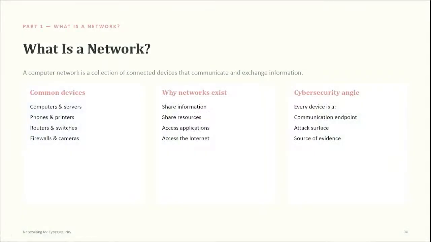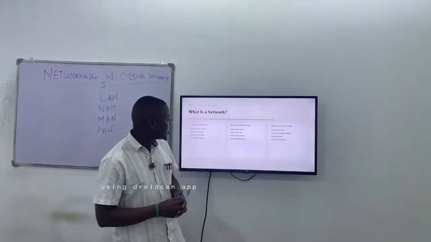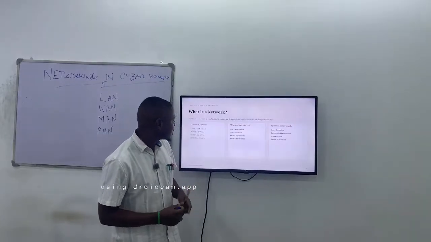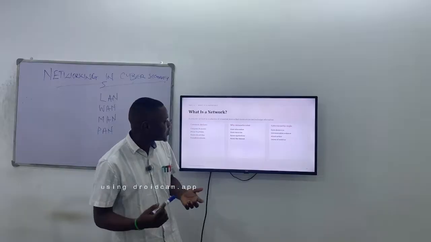So, network fundamentals. What's a network? Like I said, a computer network is a collection of connected devices that communicate and exchange information. Once these systems are connected, you're able to share resources and interact with each other using different protocols to communicate. Our common devices here are computers, servers, phones, printers, routers and switches, firewalls, and cameras.